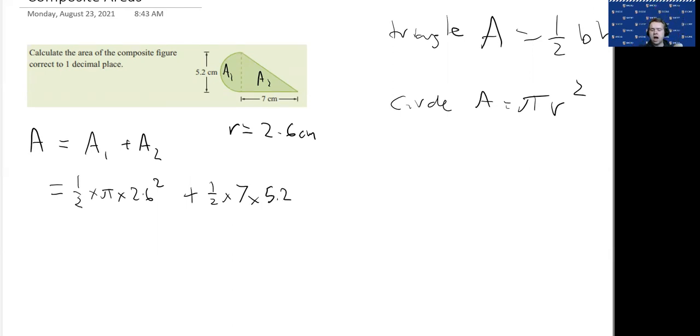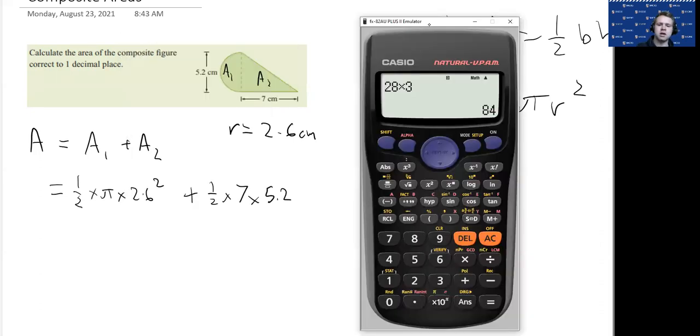You can see I'm writing it down as I'm thinking about it, and once I've written it all down, it's all there on the page. Then we get to use our calculator. So a half times pi times 2.6 squared, plus a half times 7 times 5.2.